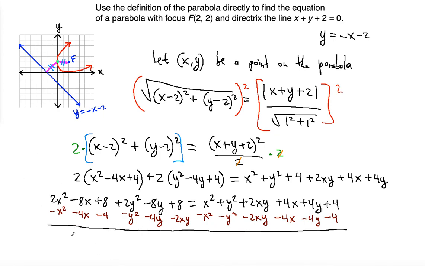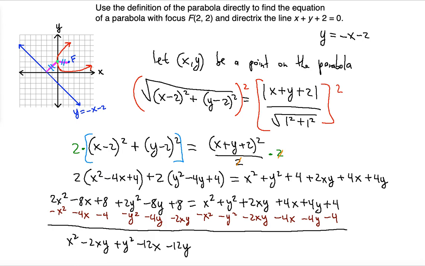As a result, we will have x squared, and I'm going to write minus 2xy next. And then instead of 2y squared, we get y squared. And then minus 12x, and then minus 12y.